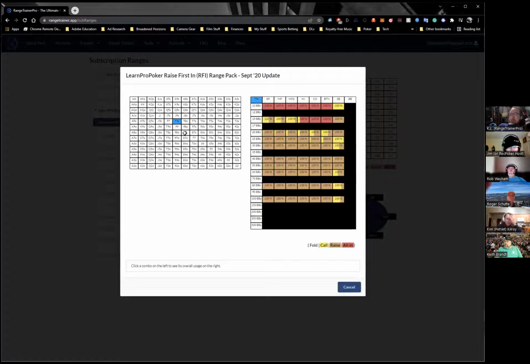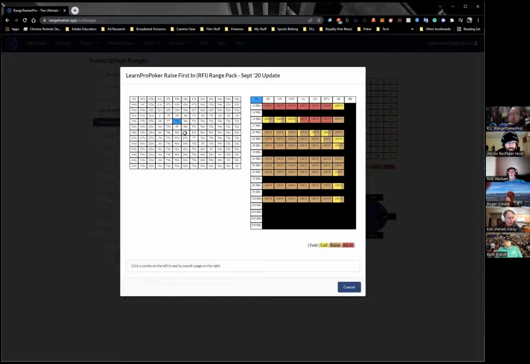So I click 10-9 suited, and I can see what GTO wants to do across every stack depth and every position that I have in my database.